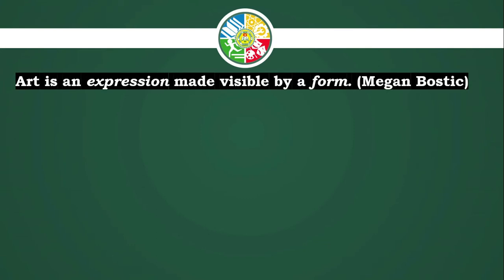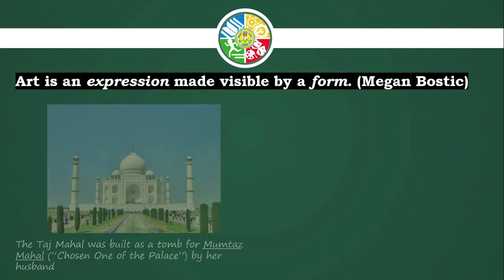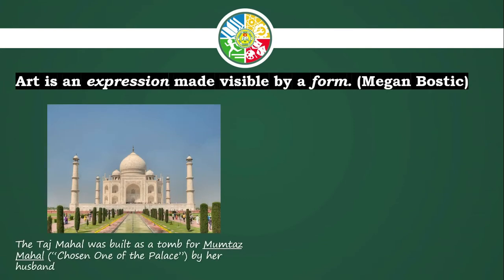To make it clear, let's have an example. Are you familiar with the Taj Mahal? So the Taj Mahal was built as a tomb for Mumtaz Mahal, the chosen one of the palace, by her husband. So what is its connection to the phrase above?